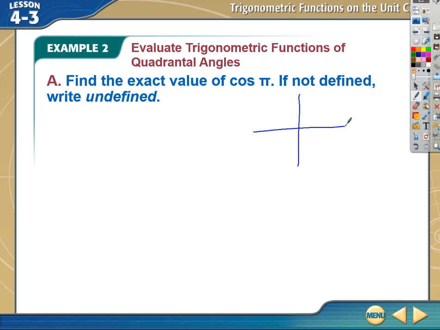You have to realize that pi is over here. It's all the way around. So there's my angle of pi, which is 180 degrees. So on your unit circle, take a look. What is that coordinate right there? That coordinate right there is -1, 0.